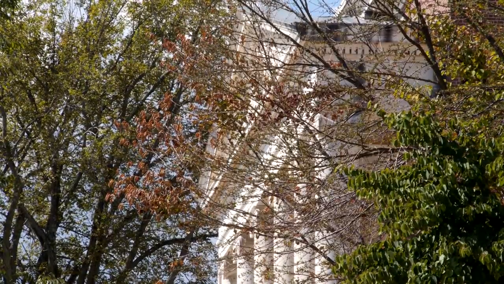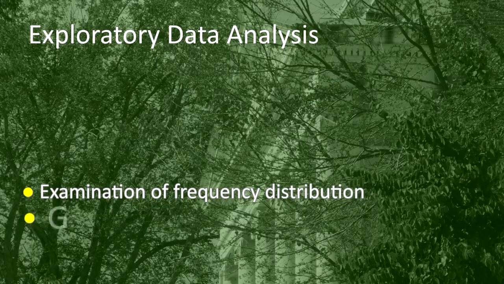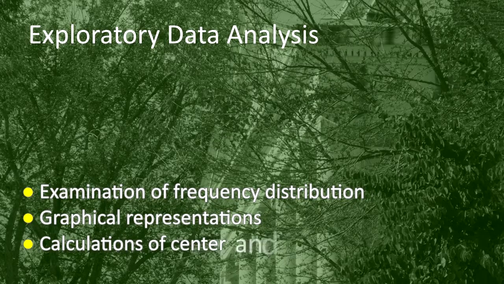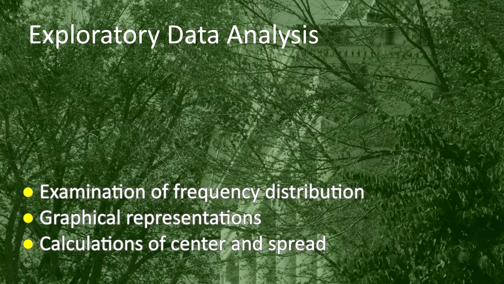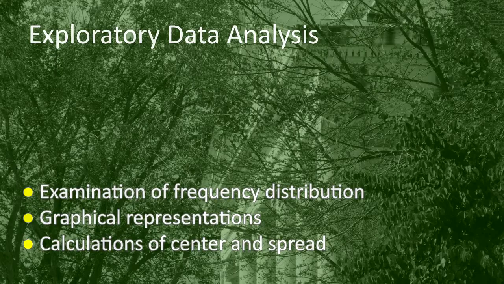The tools of exploratory data analysis, including examination of frequency distributions, graphical representations of your variables of interest, and calculations of center and spread, help us to discover important features and patterns in the data, and any striking deviations from those patterns. This all falls under the rubric of descriptive statistics. Put simply, descriptive statistics aims to quantitatively describe or summarize a sample of data.